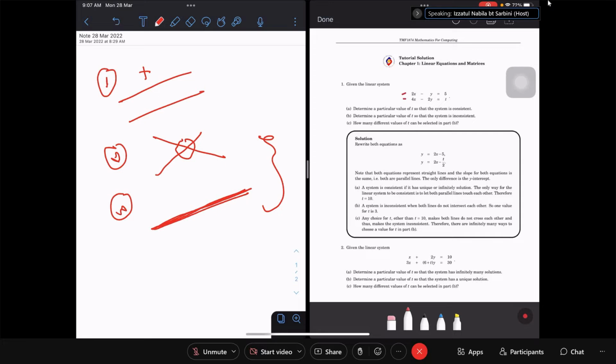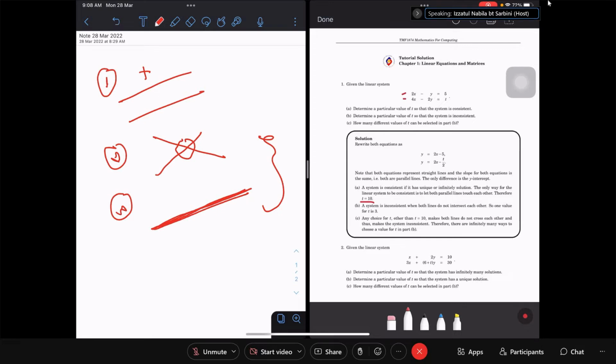Okay, for question A, determine a particular value of t so that the system is consistent. So we want it to be consistent. The easiest way is to make the two linear equations the same, because it is consistent if they intersect with each other, right? So in this case, it is consistent if t is equal to 10.